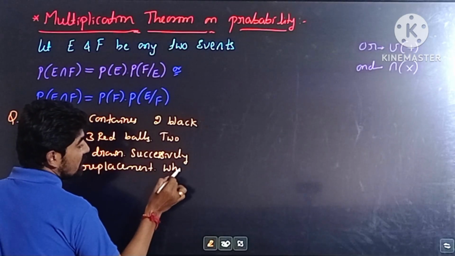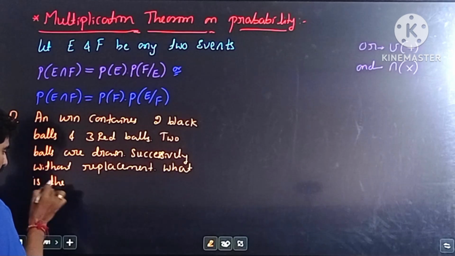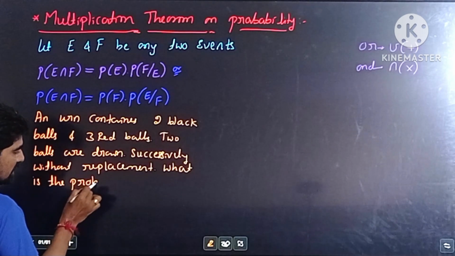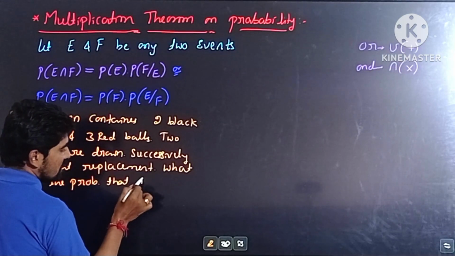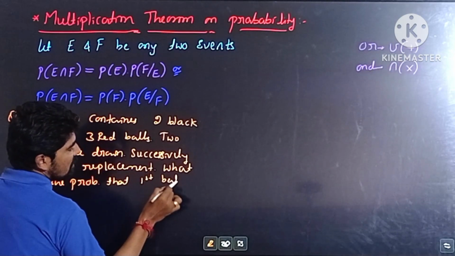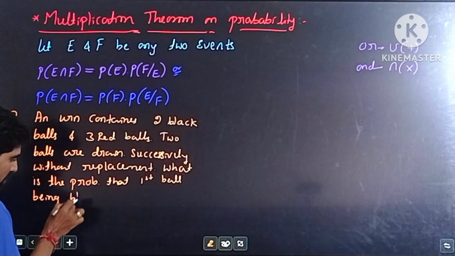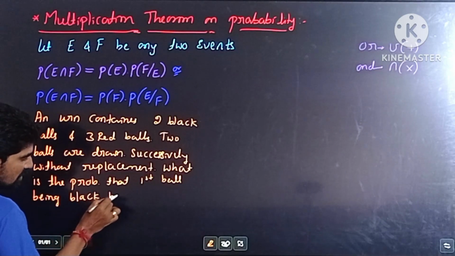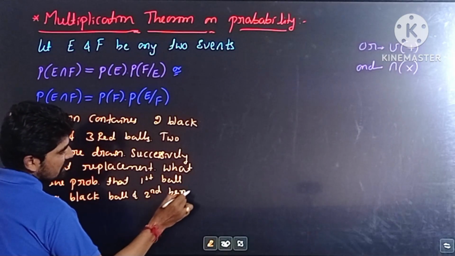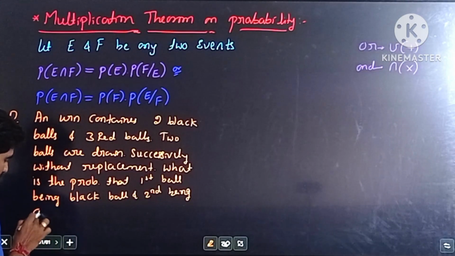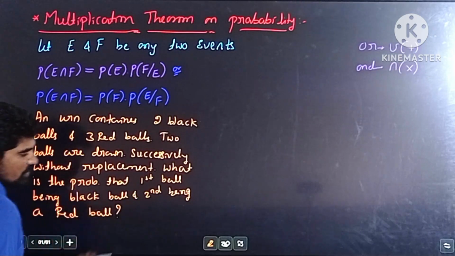What is the probability that the first ball is a black ball and the second is a red ball?